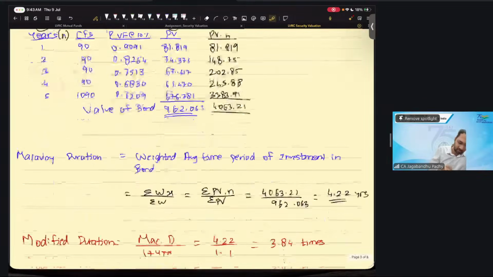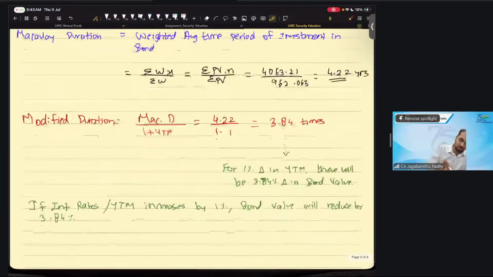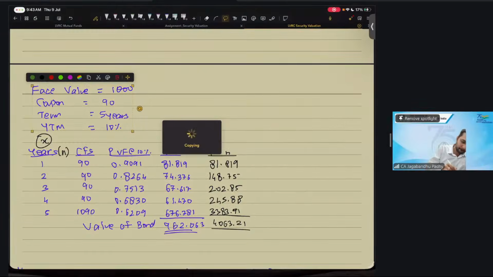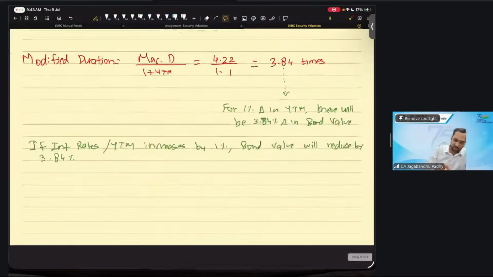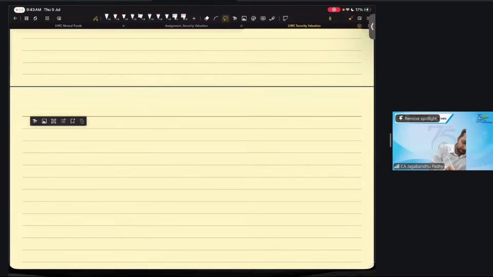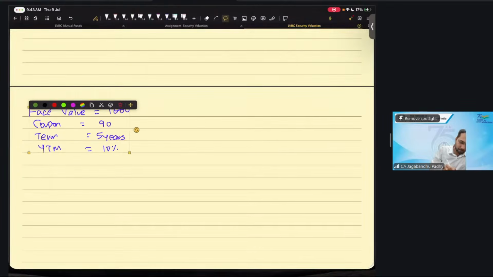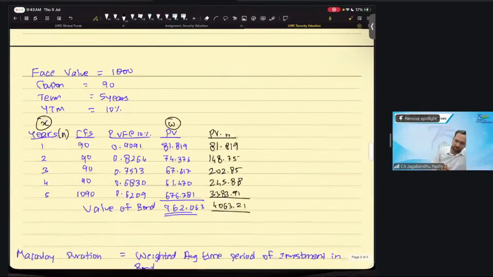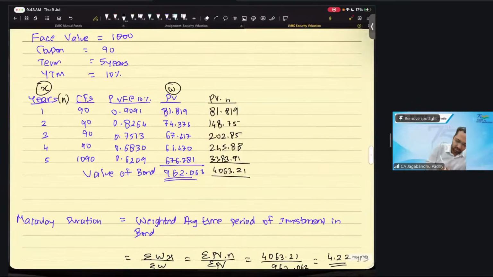So for this same term, let's try to evaluate this concept. When YTM was 10%, we got the bond value as 962.063.